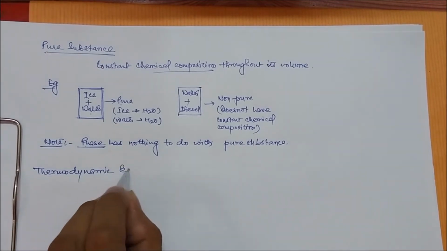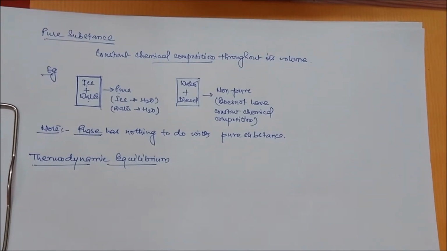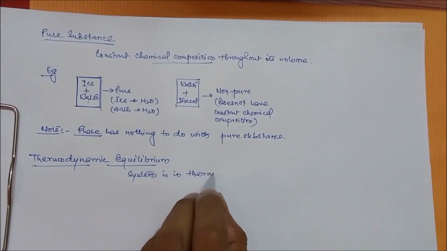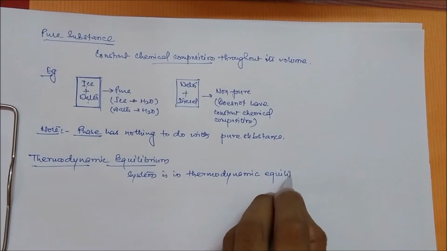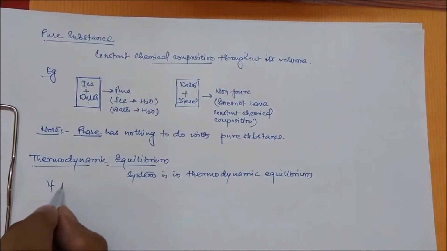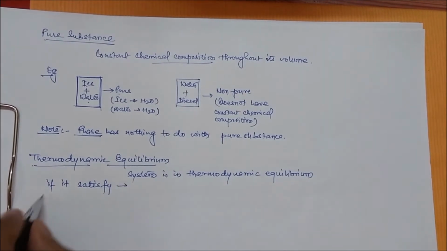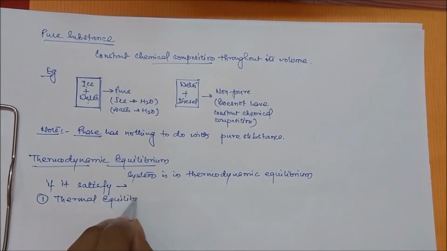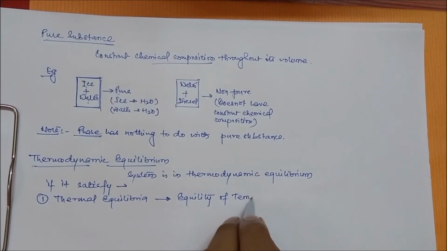Now, moving further, we have thermodynamic equilibrium. A system is in thermodynamic equilibrium if it satisfies first thermal equilibria, which means equality of temperature.